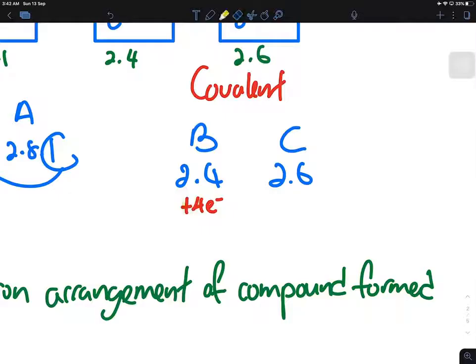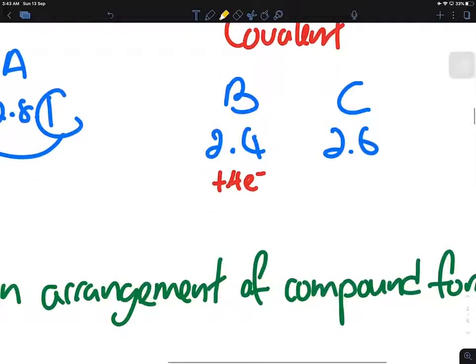The reason is because when they share electrons, it is like you and your friend, you both want to share money to buy an expensive present for your friend. So let's say the present is 100 ringgit and both of you share 50 ringgit.